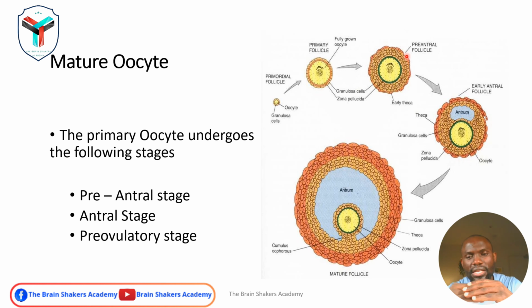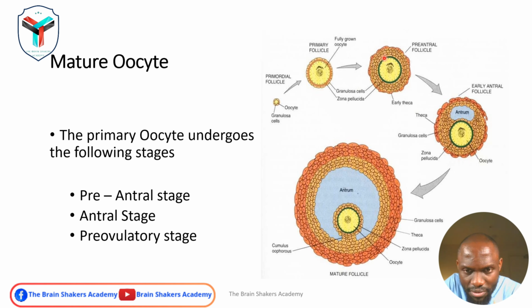To stratify is just to put in layers. The granulosa cells are responsible for secreting glycoproteins, which are responsible for the formation of the zona pellucida, this green layer that we can see in the diagram here, around the primary oocyte.